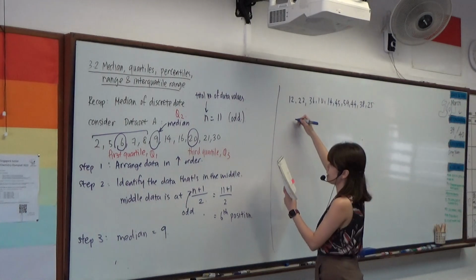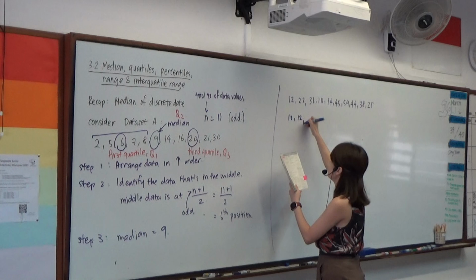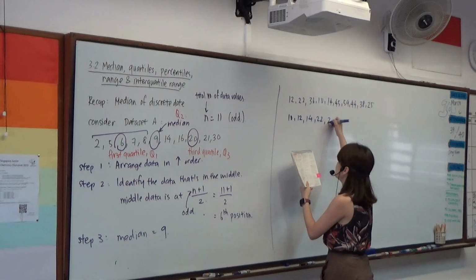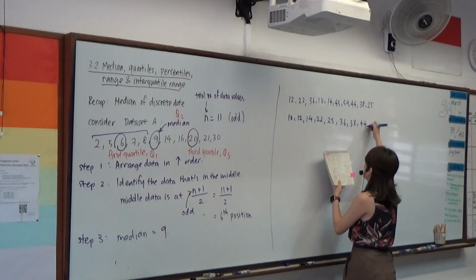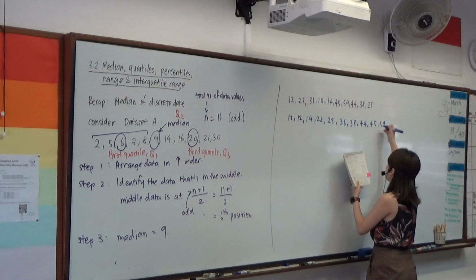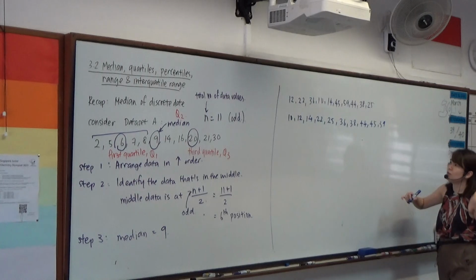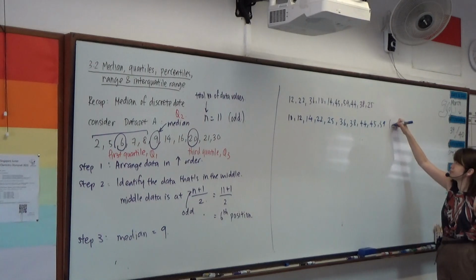So that means that we are looking at 10, 14, 22, 25, 6, 8. Arrange in ascending order.